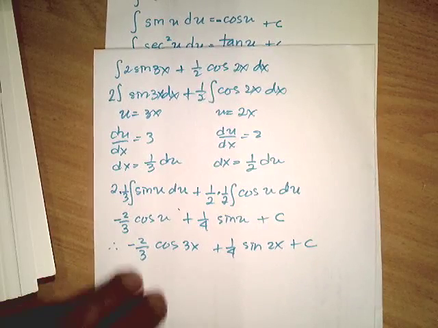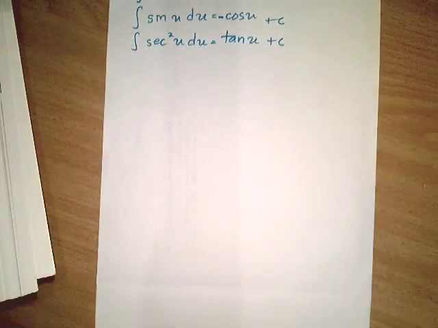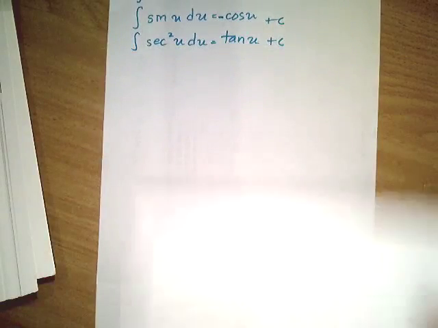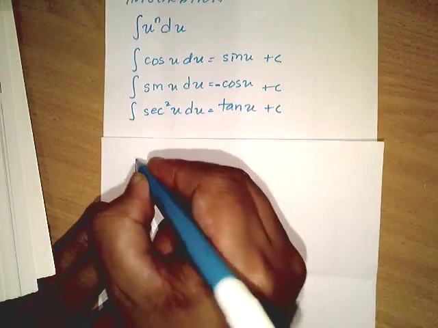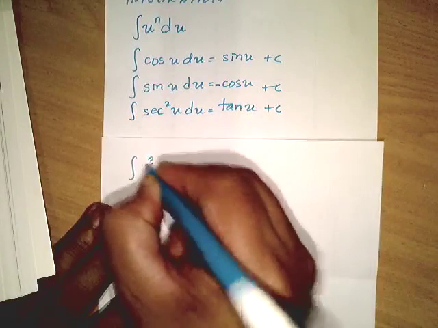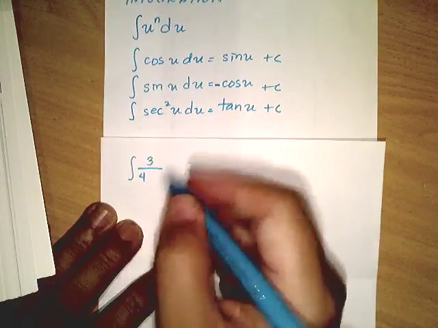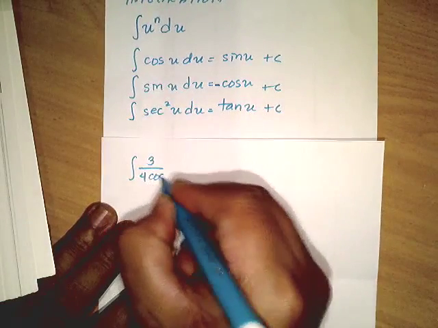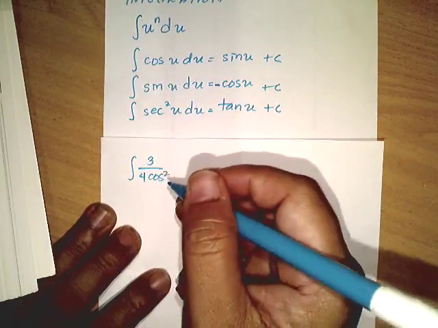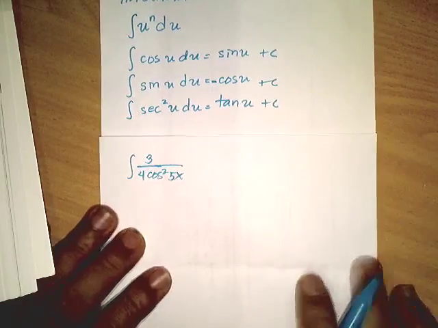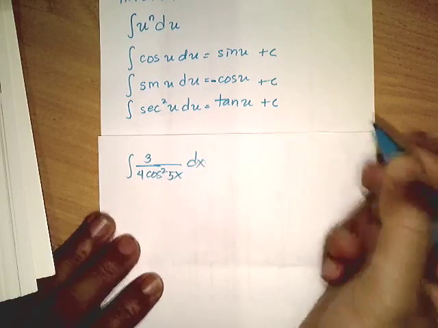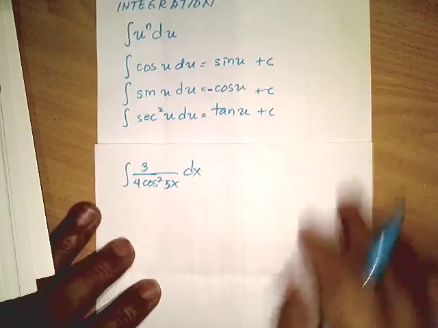Let's write one more example. Suppose I have the integral of 3/4 over cosine squared of 5x with respect to x.